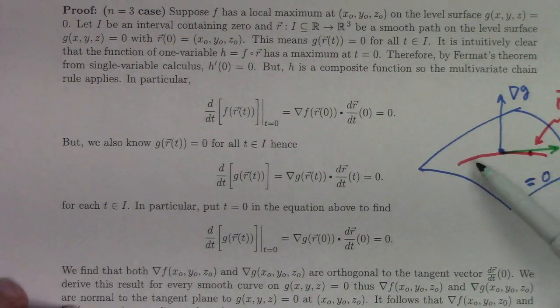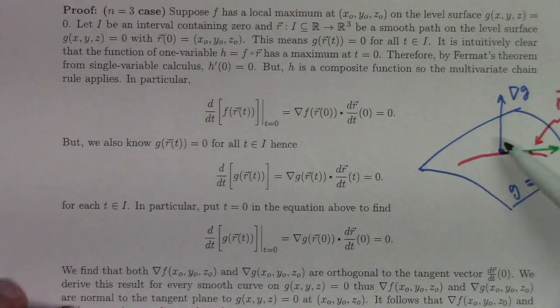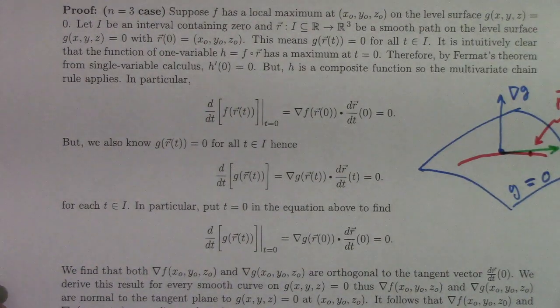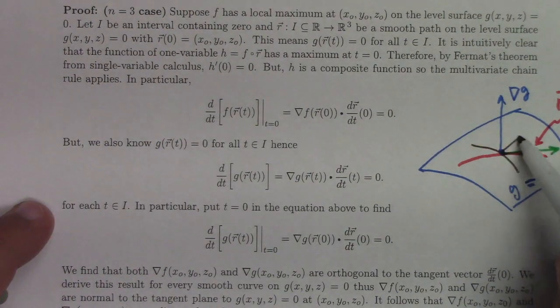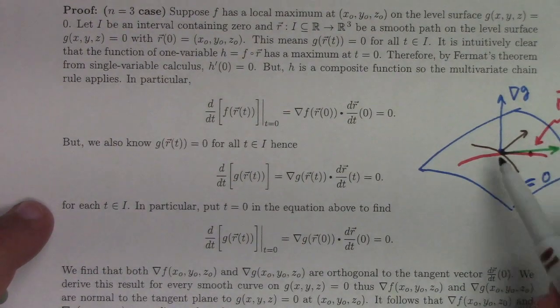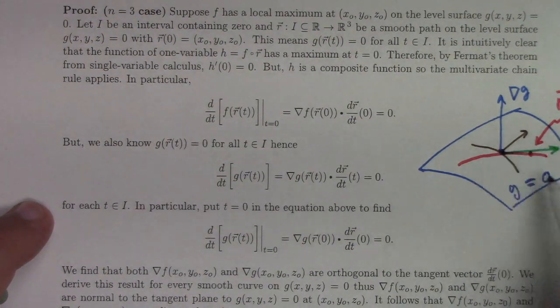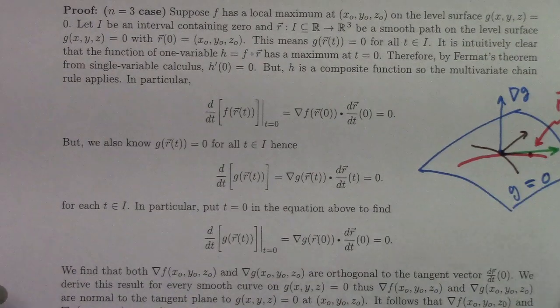And well, if that were just one curve, it could be possible that the gradient of f is not collinear with the gradient of g. But I can do it not just for one curve. I can do it for a multitude of curves, a bunch of different curves on the surface. And so if you start thinking about that, the gradient of f is perpendicular to all velocity vectors that form the tangent plane.